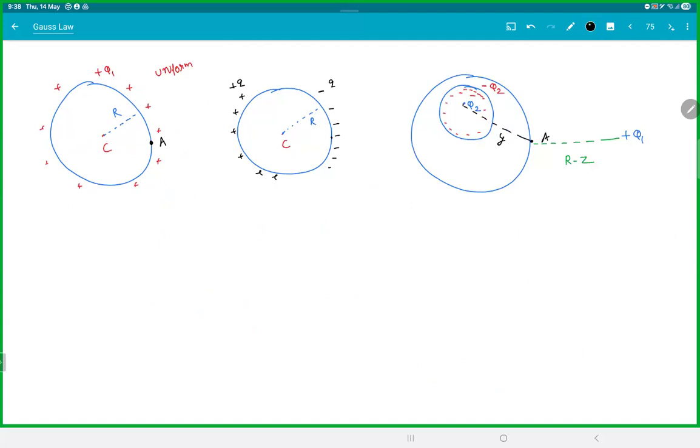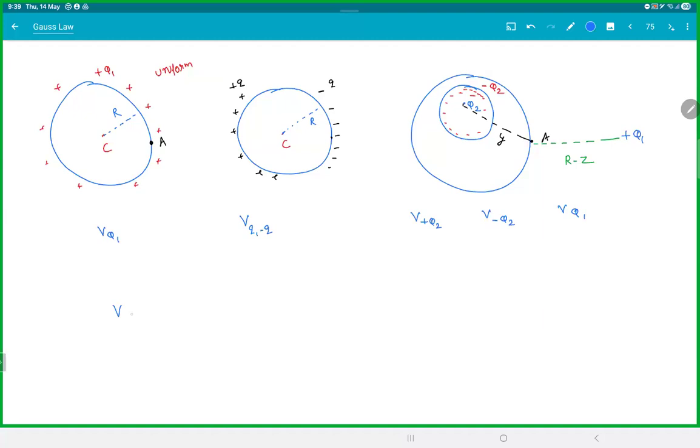Now listen carefully. The potential at A due to this guy, so V due to Q1, this is V due to Q, minus Q, V due to Q2, V due to minus Q2, and V due to Q1, the five of them.